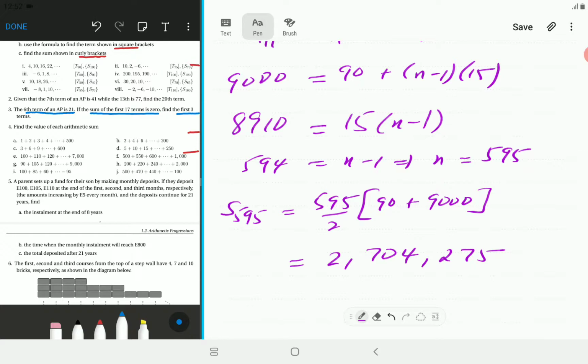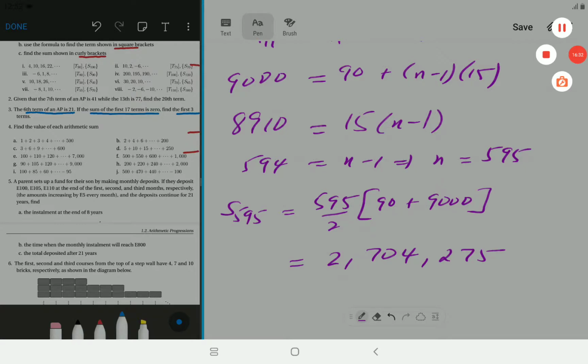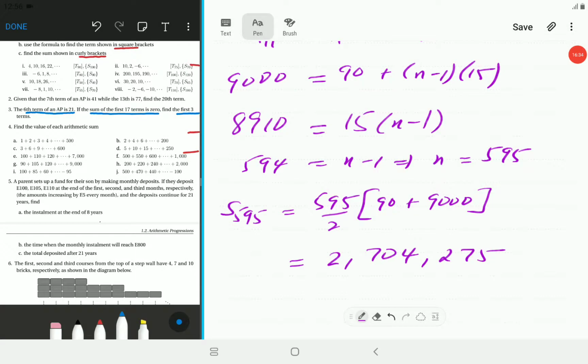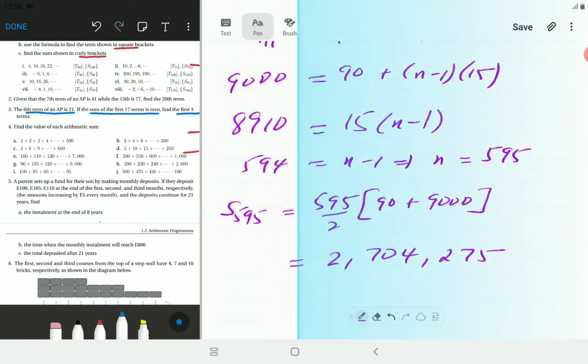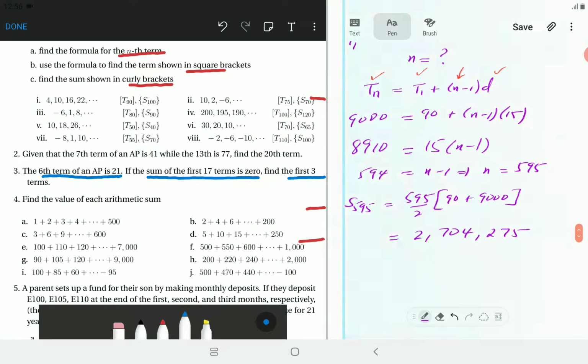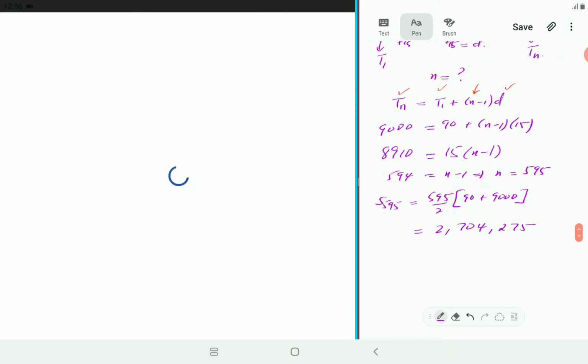All right, so that is going to be the sum of those terms. Just going to do one more example, then we'll give you some to have a go at.